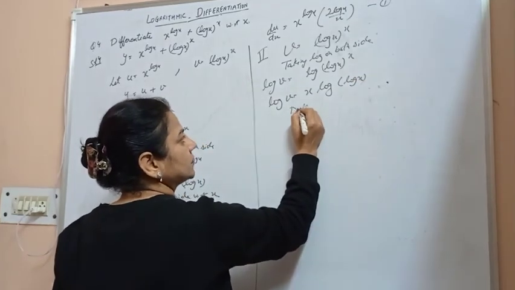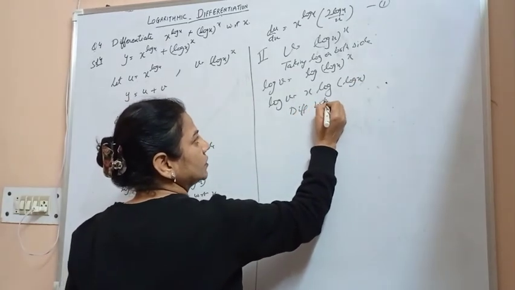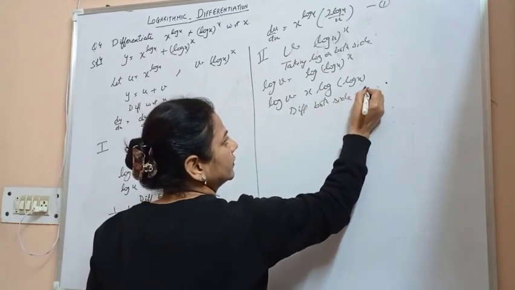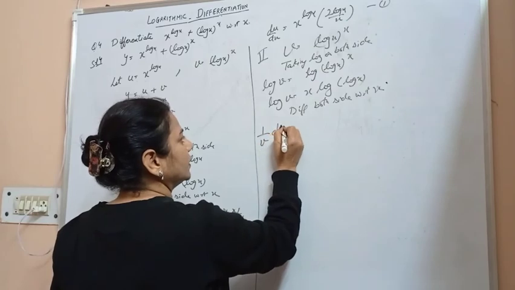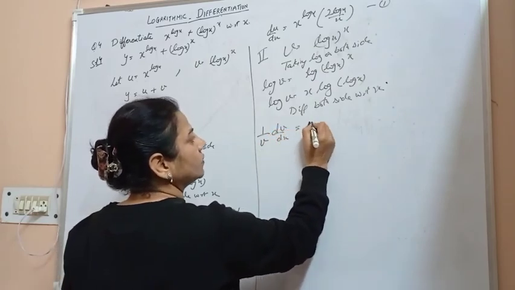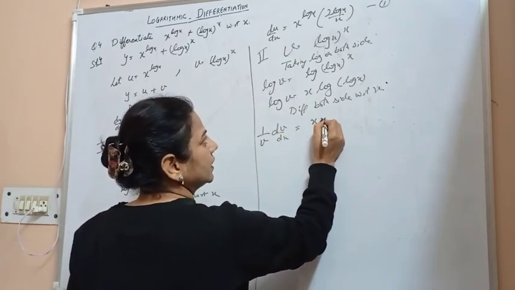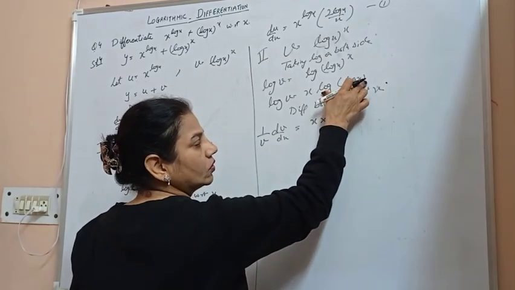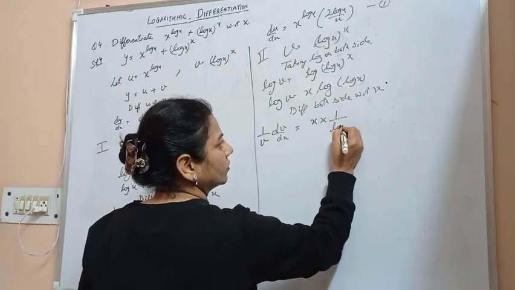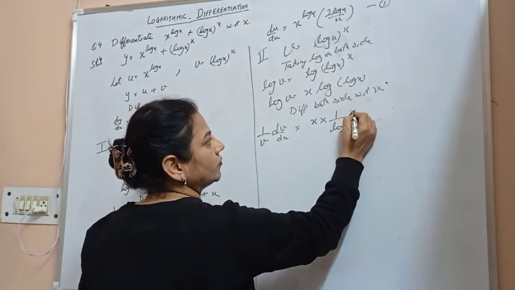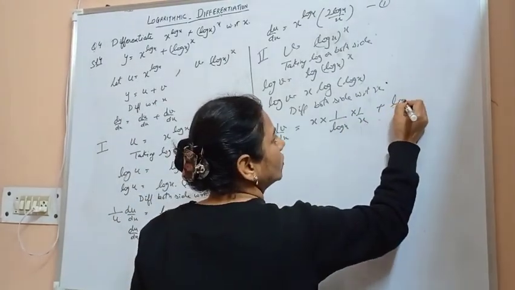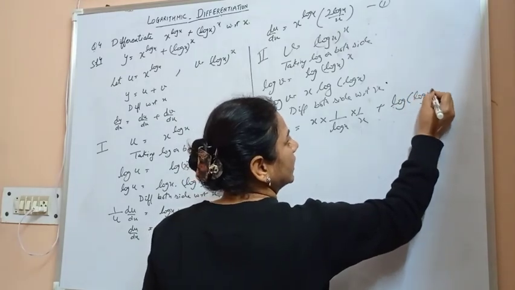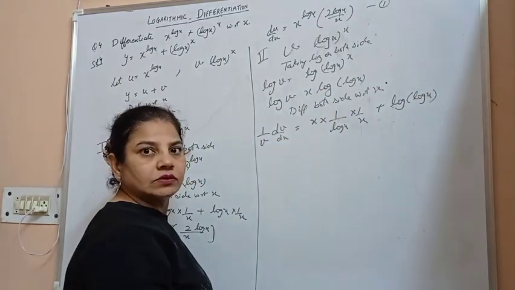Differentiate both sides with respect to x. I get 1 by v dv by dx is equal to x into derivative of log log x, which is 1 upon log x into derivative of log x, that is 1 by x, plus log of log x into derivative of x, which is 1 only.